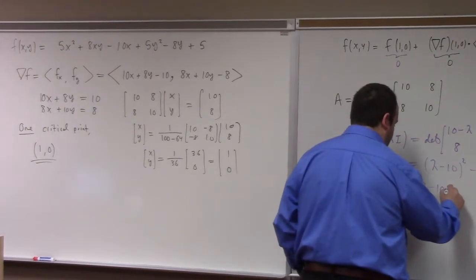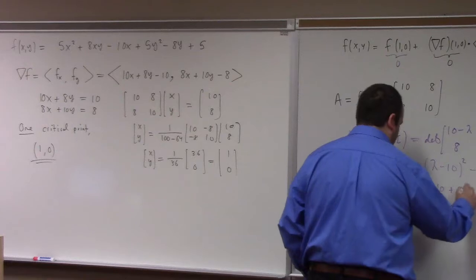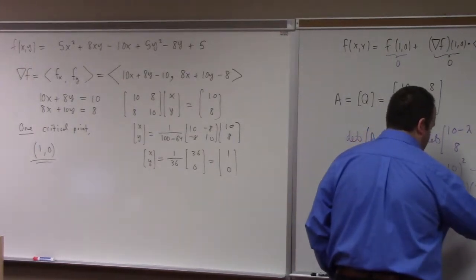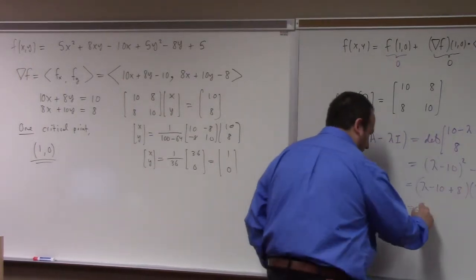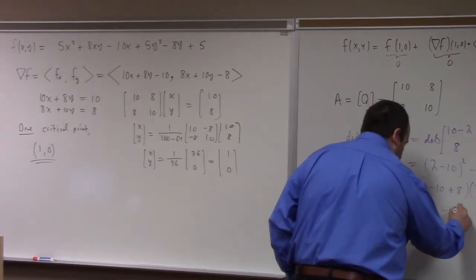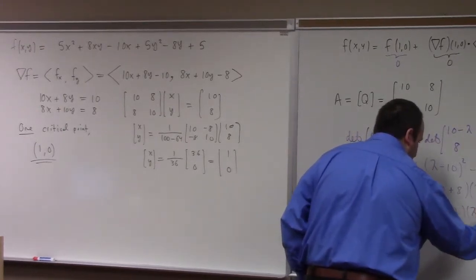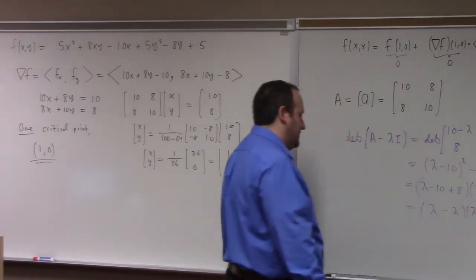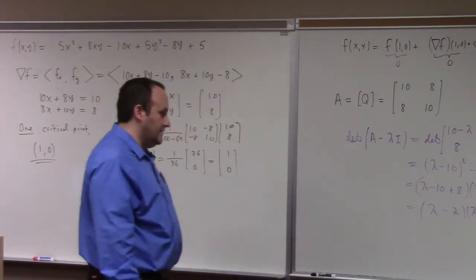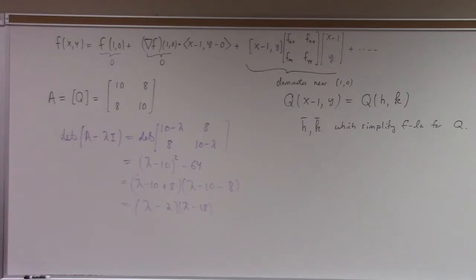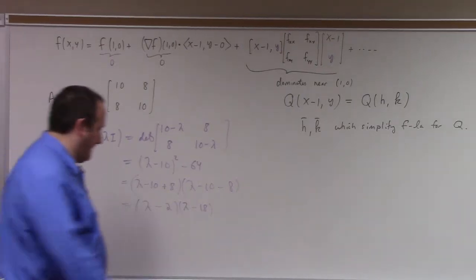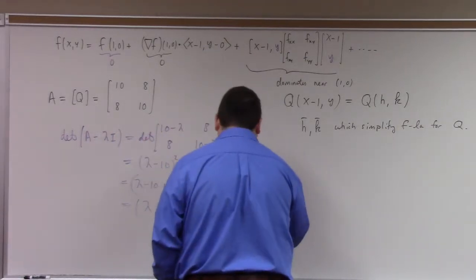So that's lambda minus 10 plus 8 times lambda minus 10 minus 8, which is lambda minus 2 times lambda minus 18. So apparently, the eigenvalues here are 2 and 18. Consequently, f of 1, 0 is a local what? Minimum, yay.